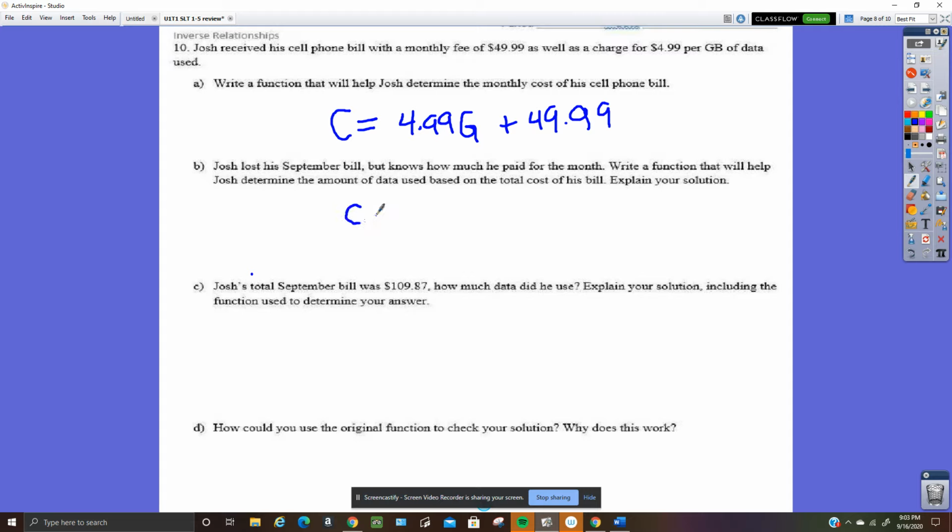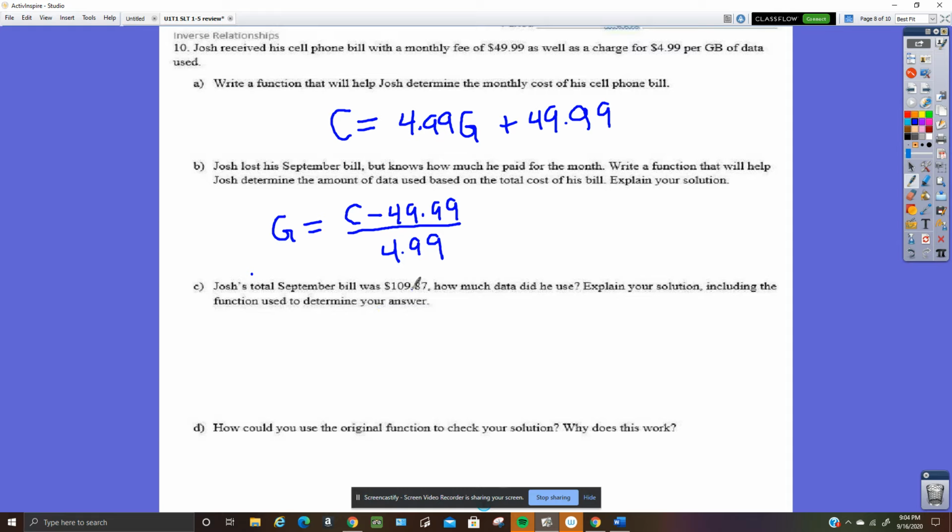The equation would be C minus $49.99 divided by $4.99. So the gigabytes used would be equal to cost minus $49.99 divided by 4.99.